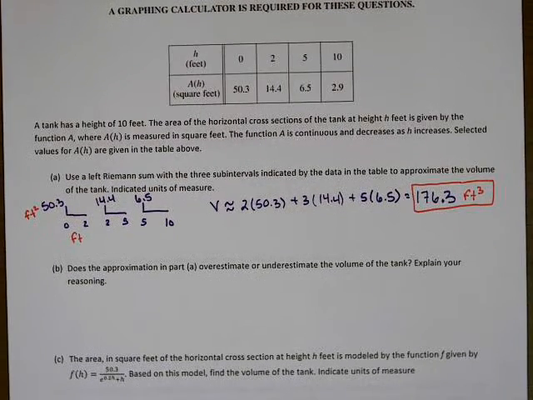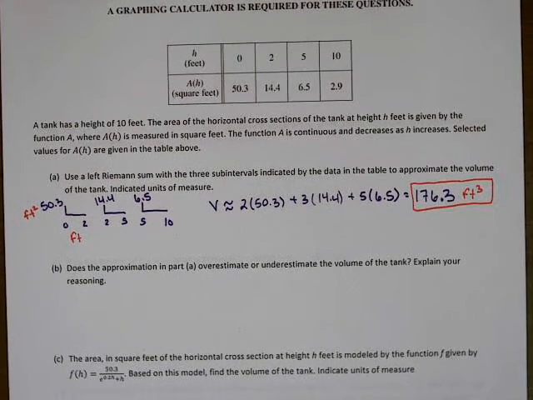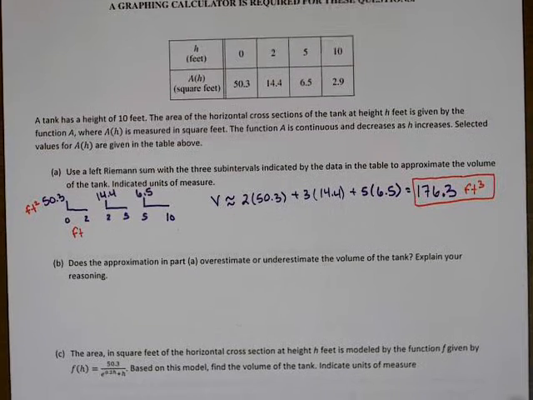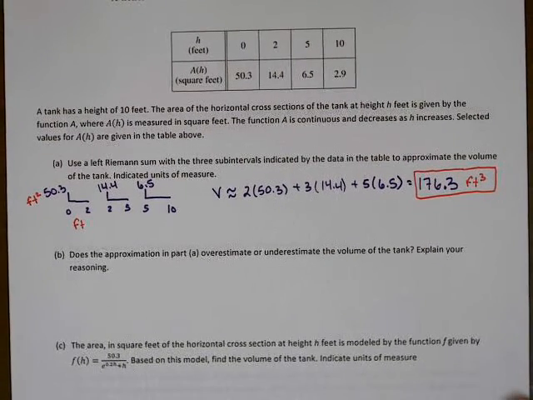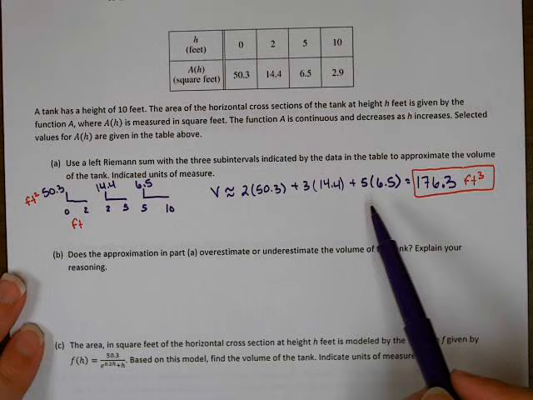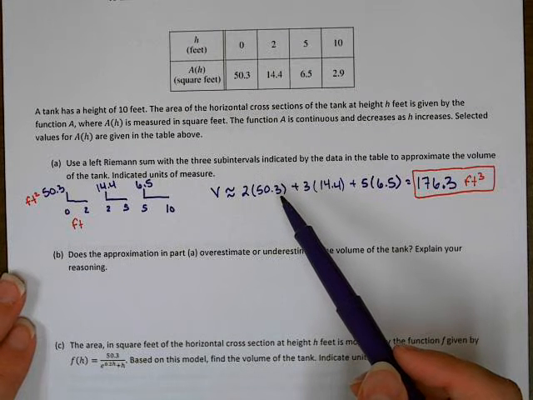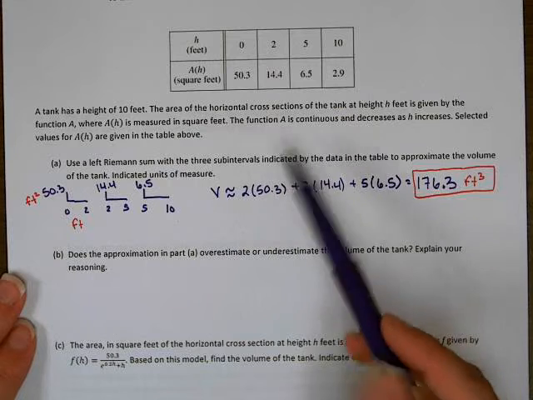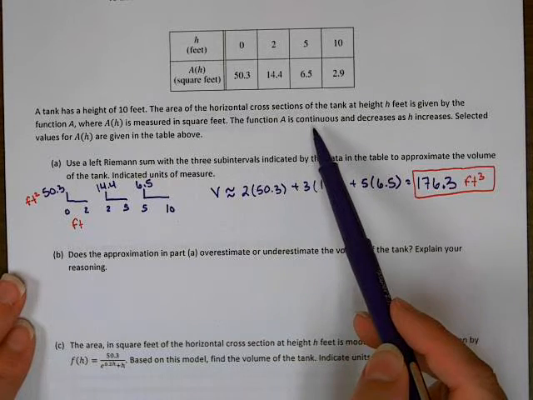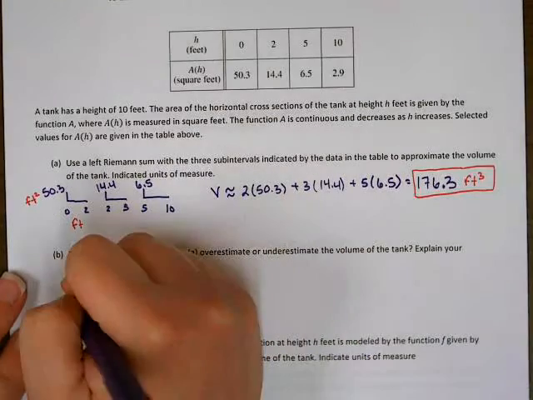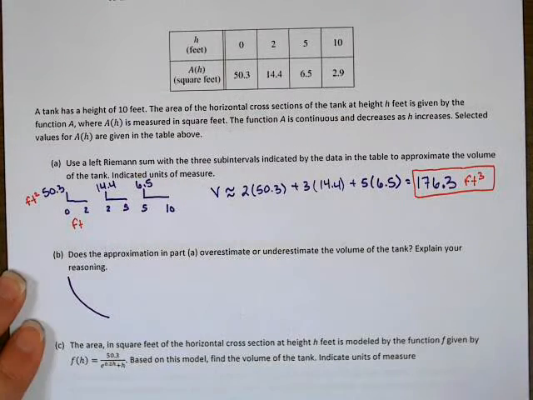All right, so does the approximation in part A overestimate or underestimate the volume of this tank? Explain your reasoning. Well, we had to use a Riemann sum, because we didn't know the actual function. But they did tell us that A is continuous and decreases, which means it kind of does something like this.